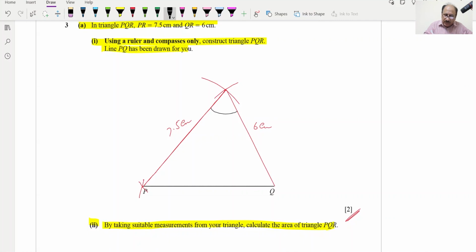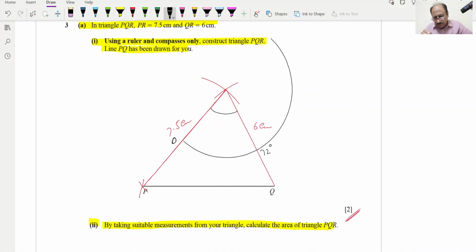If we measure this angle, you can put your protractor, like for example I am putting my protractor over here. I will show you, this is the location of my protractor, and this is the 0 line, and this point is 72 degrees.